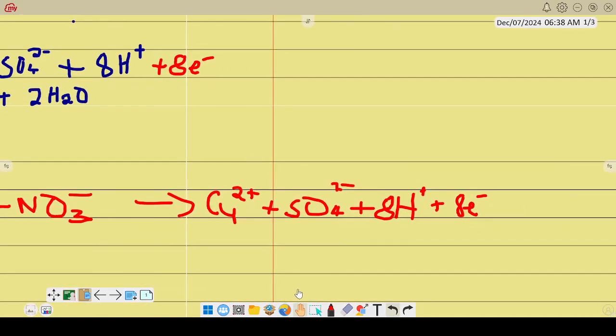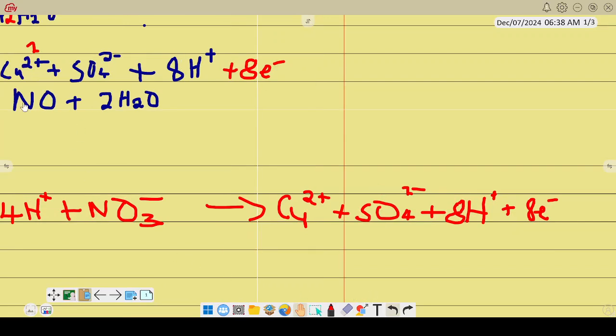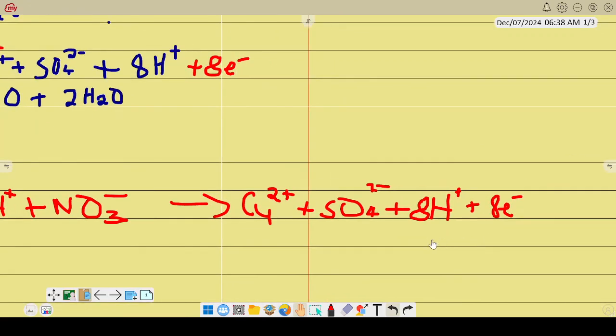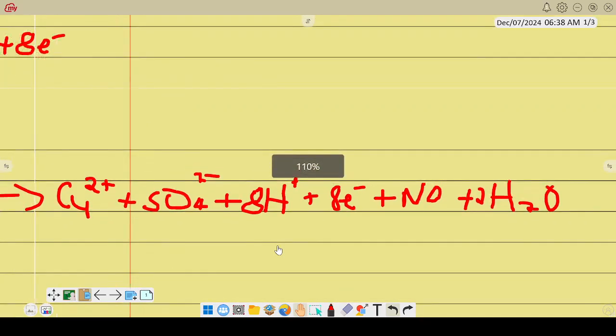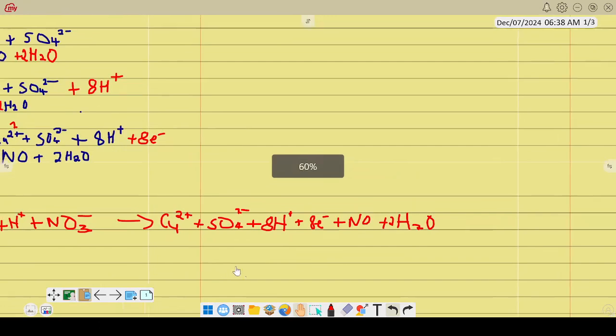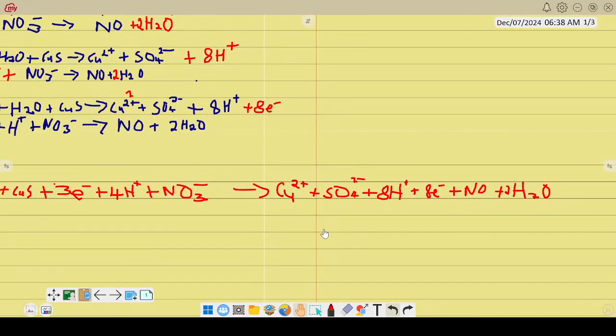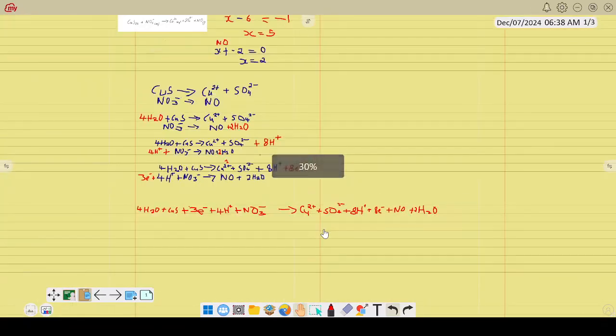And then we have nitrogen monoxide and water. So there's like a 2 here. You have to be careful when balancing these because mistakes are very, very common. You can make a mistake anywhere.